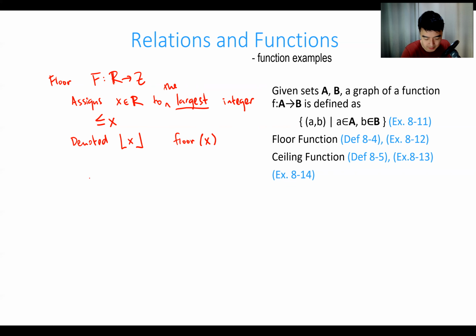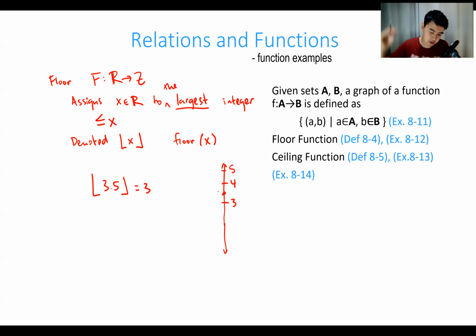For example, if I had the floor of 3.5, this is equal to 3, because if we look on a number line, it would be 3, 4 and 5, and 3.5 is in the middle. The largest integer that's less than or equal to x is going to be 3. So we're rounding down.